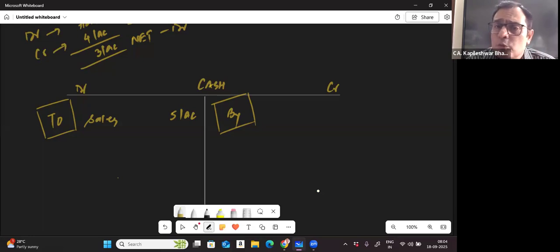Now one can even read entries out of the ledger. For example, if I want to read the debit side, I will say cash debit, sales credit. Did you get the point?